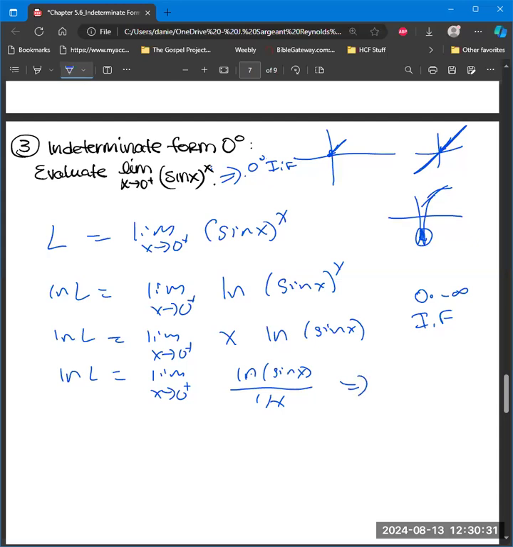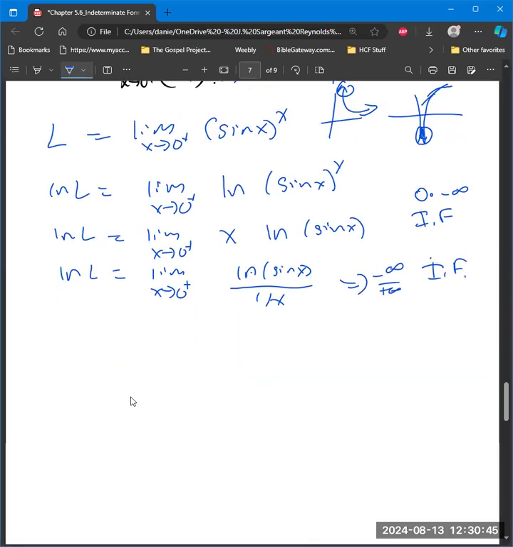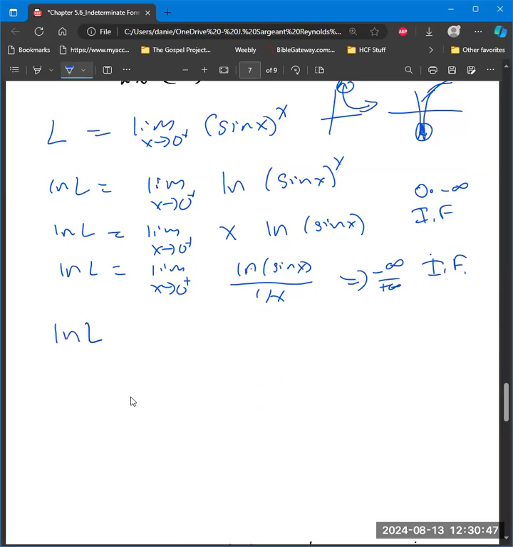Okay. So now if I look at 1 over x, I come at 0 from the right. So this is a negative infinity over a positive infinity. That's an indeterminate form that lets me use L'Hopital's rule. So let's go ahead and do that.